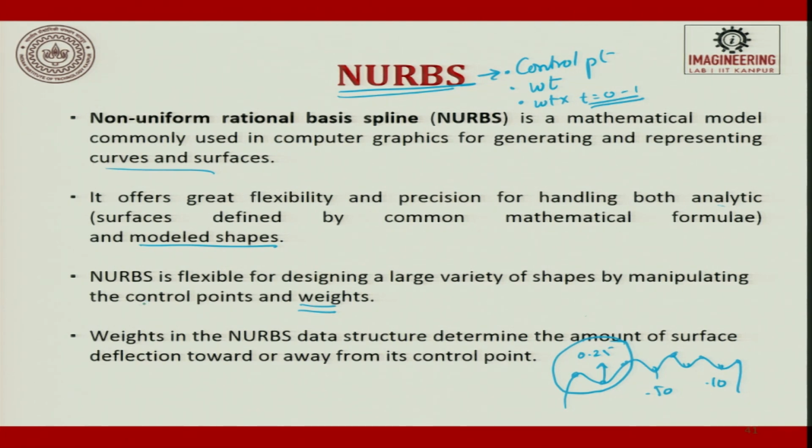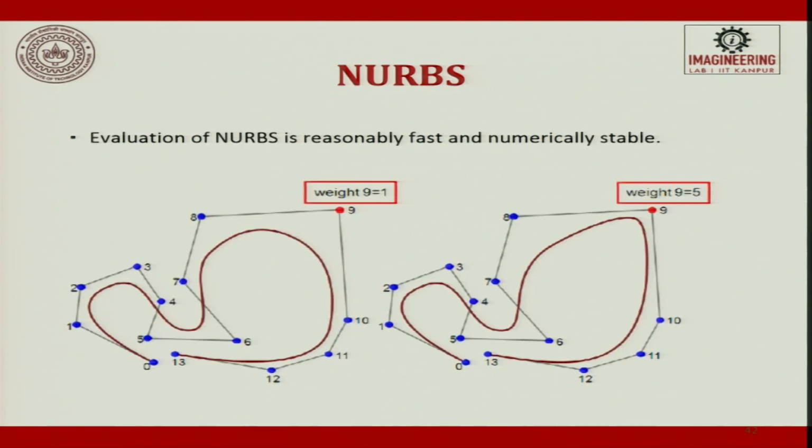Weights in the NURBS data structure determine the amount of surface deflection towards or away from the control point. Evaluation of NURBS is reasonably fast and numerically stable.